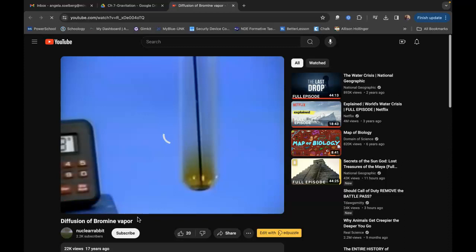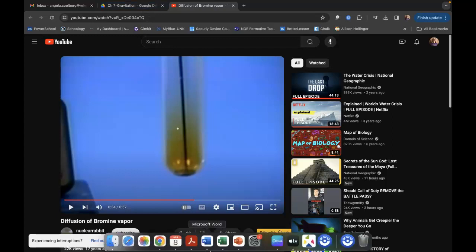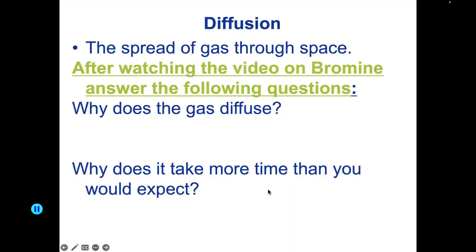My video froze a little bit here. But if we were to watch this over time, okay, you can see it slowly climbing up. And after about 2.5 minutes, it's about 2/3 of the way up our tube. So I'm going to go back to our PowerPoint here.